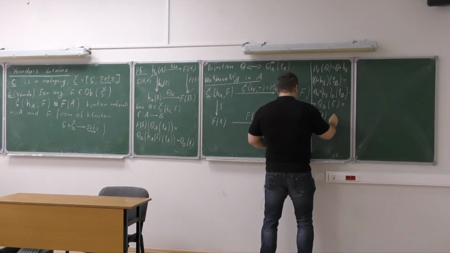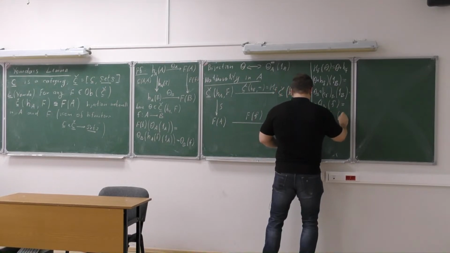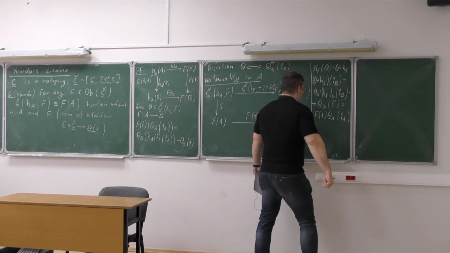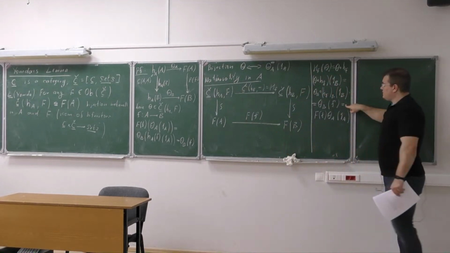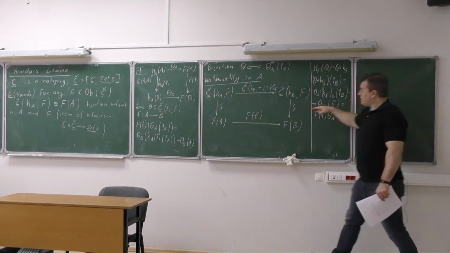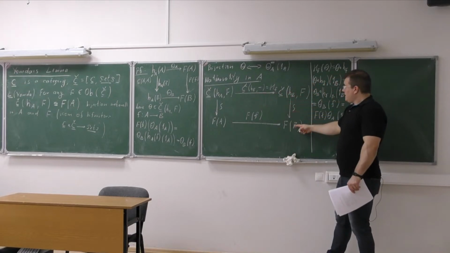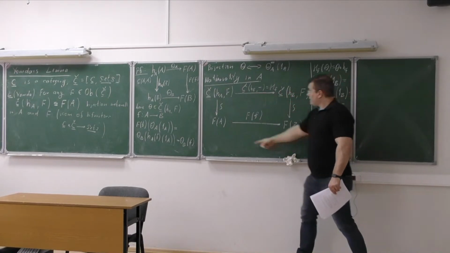Let me just write an answer and then we see why this answer is correct. So this last equality is what I want to get. I computed what I have if I go like this, and now I'm just writing what I have if I go like this.